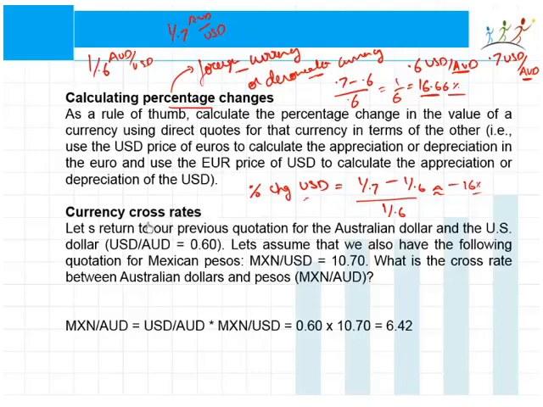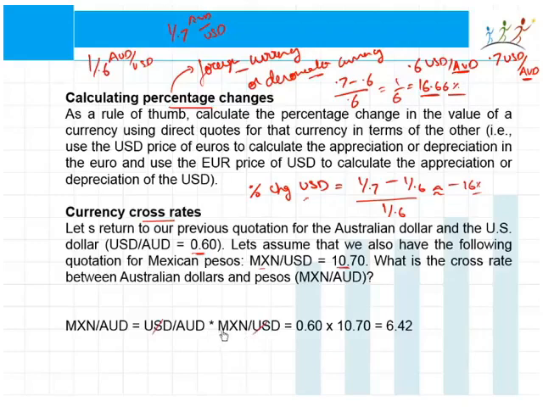Another important concept is that of cross rates. So if the USD to AUD is given to be 0.6 and the Mexican peso to the USD rate is given to be 10.7, then we can derive the cross rate between the Mexican peso and the AUD by taking the product of the two. So MXN to AUD can be written as USD upon AUD into MXN upon USD.